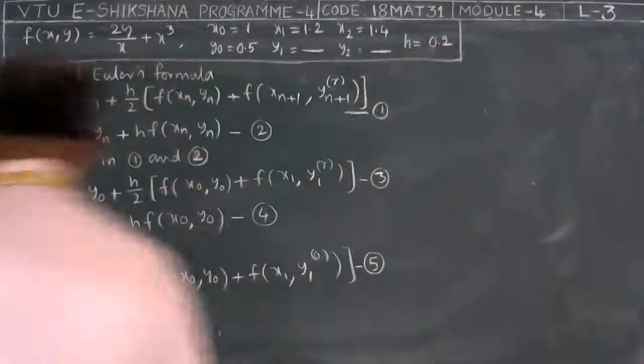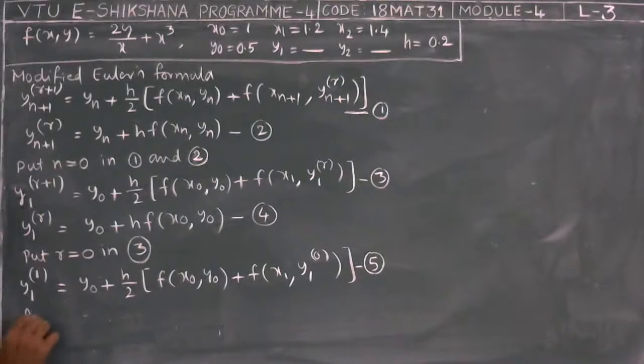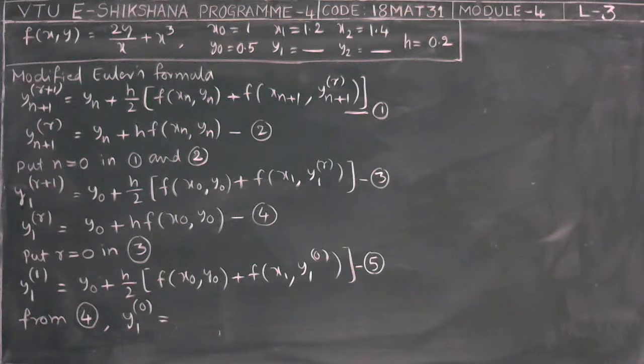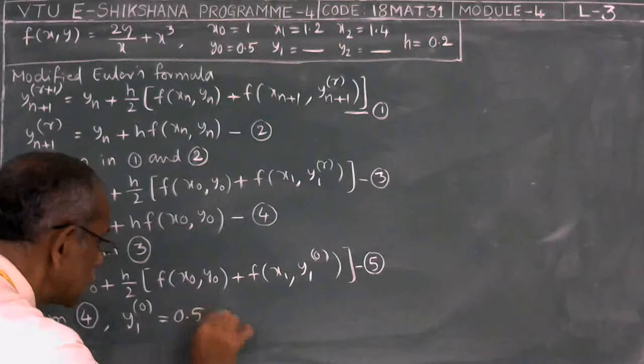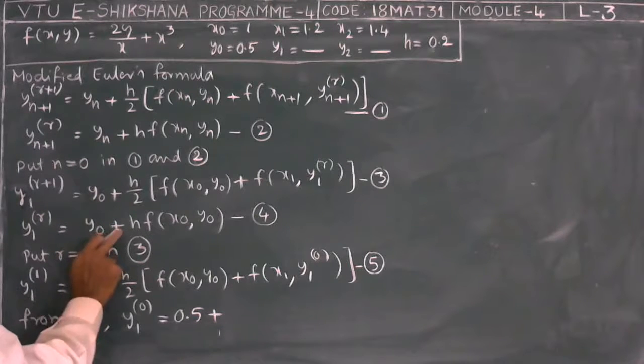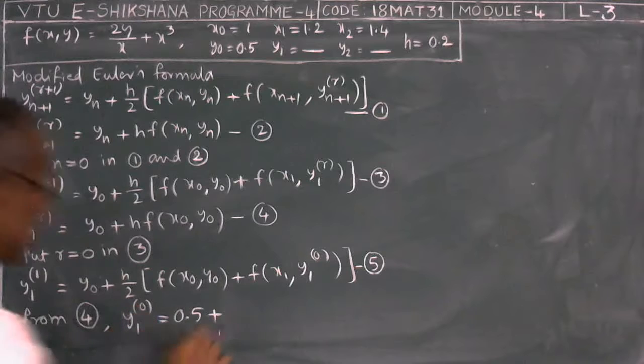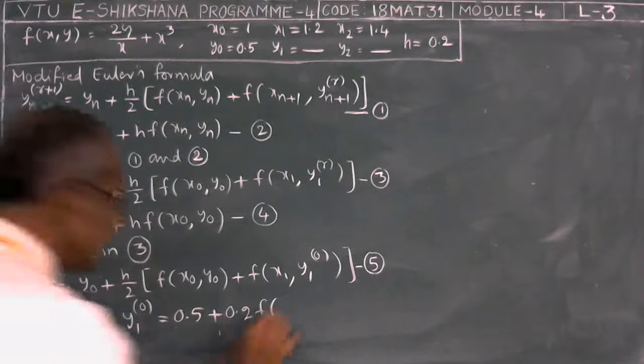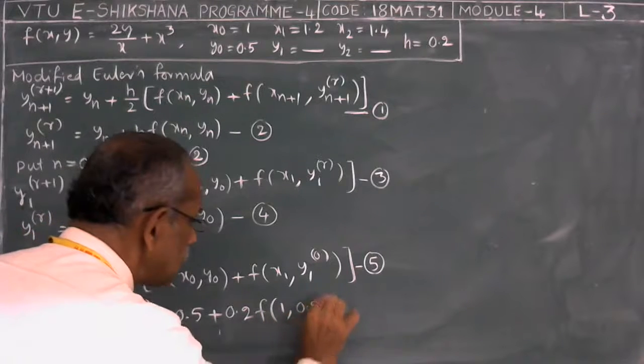So now from equation 4, y1 0 is equal to y0. What is y0 here? y0 is 0.5, plus from 4, h is 0.2, times f of x0 comma y0, that is f of 1 comma 0.5.